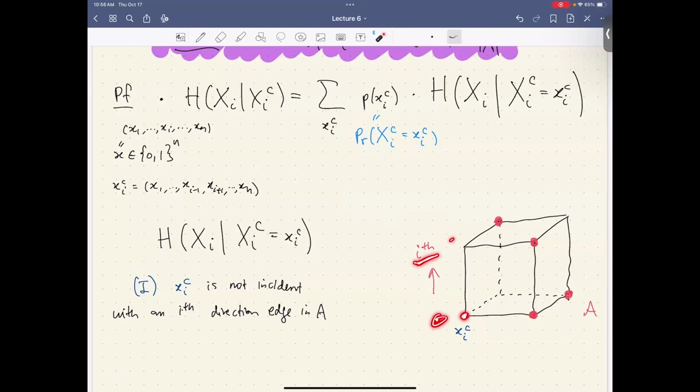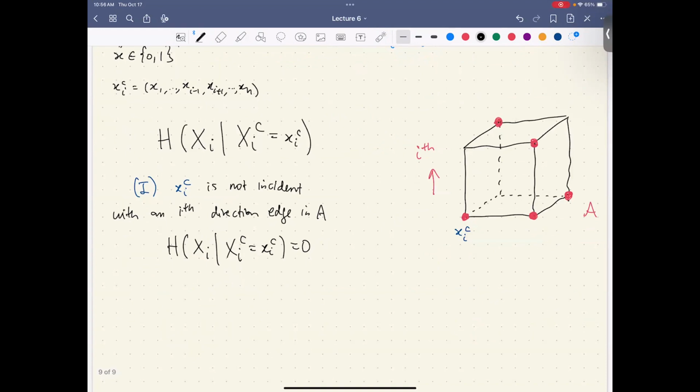This is 0, this is 1, right? I know x_i has to be 0. There's only one choice, so this is deterministic. There's no surprise, no information. That means the conditional entropy equals 0. In this case, this is 0.